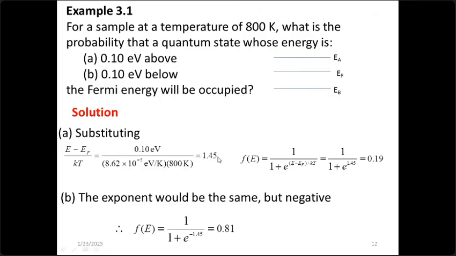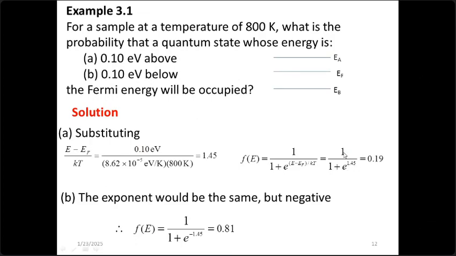So here we substitute the energy level difference, 0.10, and K, which is 8.62 times 10 raised to power negative 5 electron volt per Kelvin, multiplied by the temperature, which is 800 Kelvin.